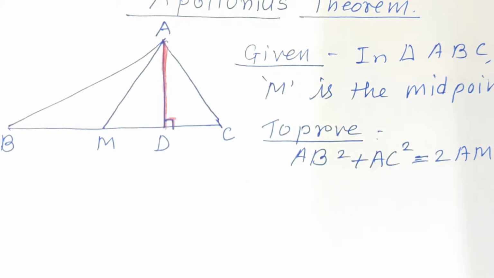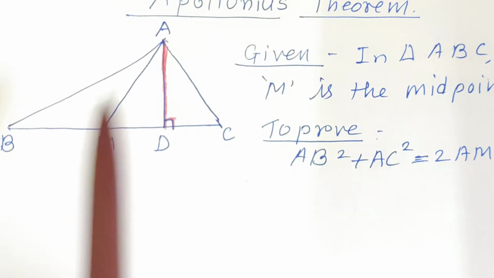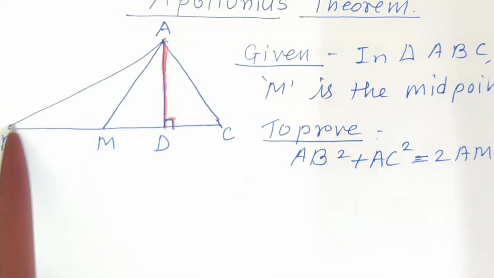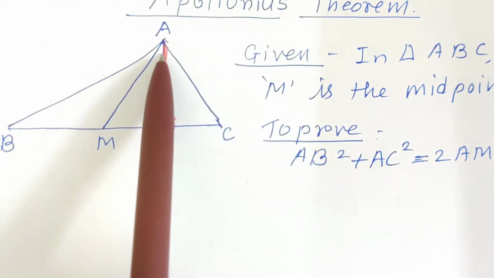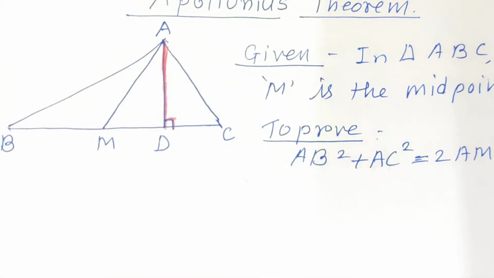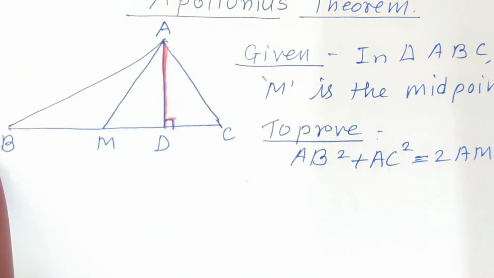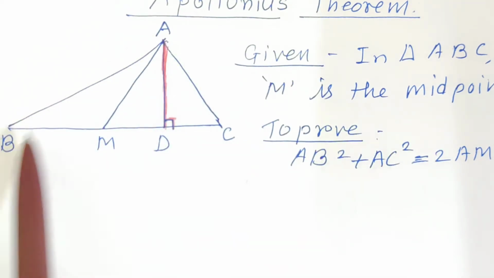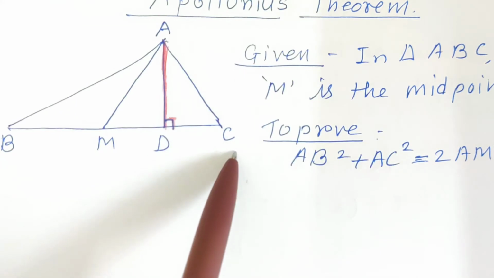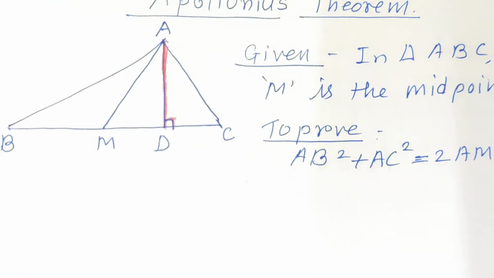So see in the diagram we have to prove AB square, that means one side square, plus AC square, that means second side square, and both are the vertical side, standing side. Vertical side AB square plus vertical side AC square equal to 2AM square, that means double of median square.